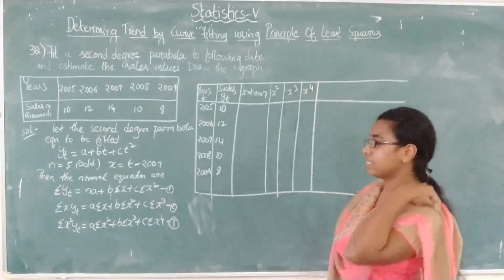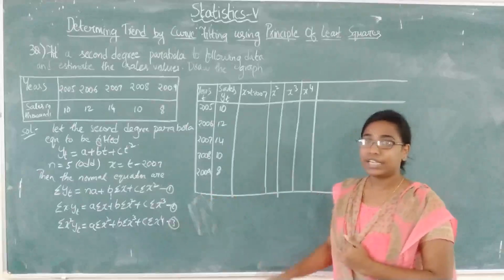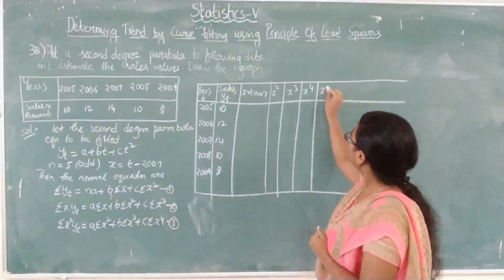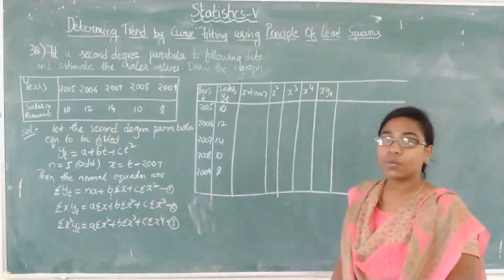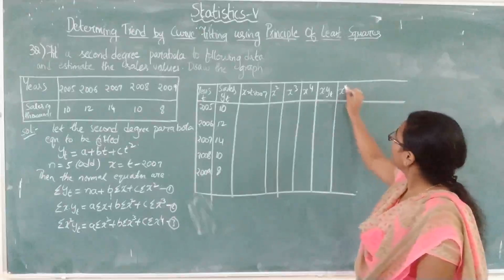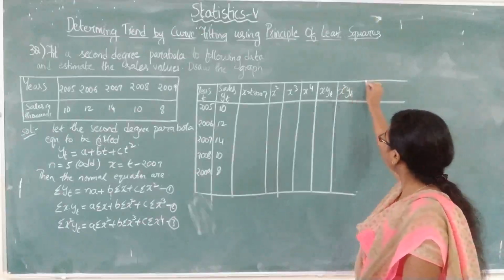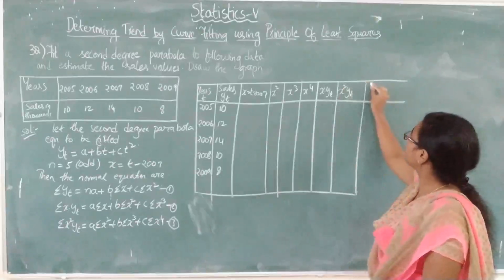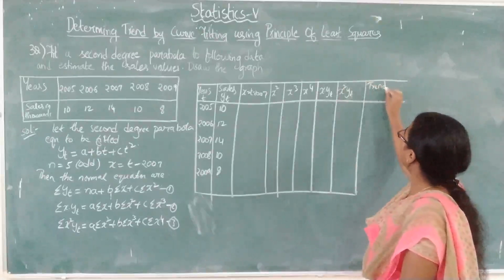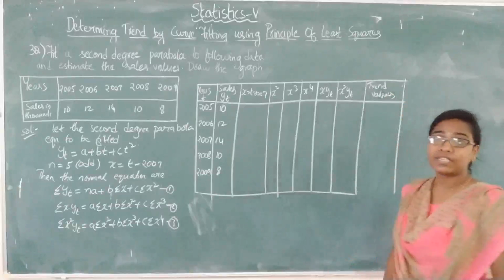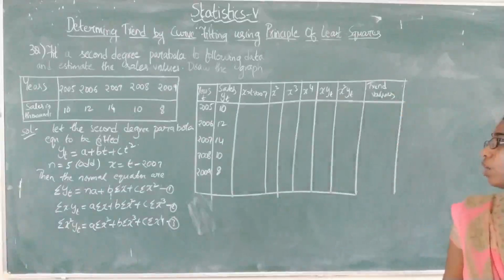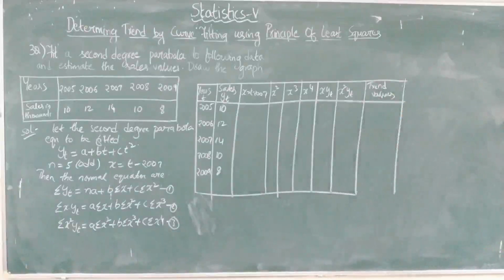And next we have x into yt, and similarly x square into yt. And then the last one is to estimate the trend values by using the straight line equation. Now complete this box.